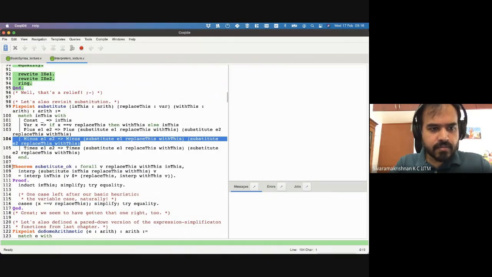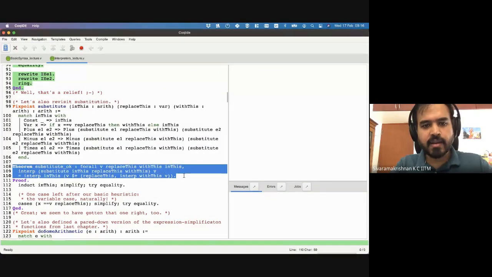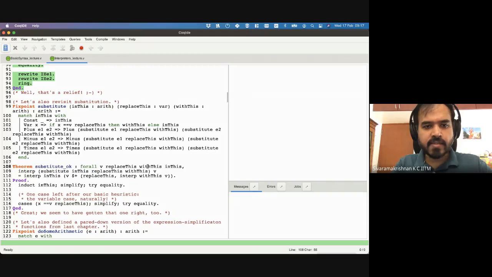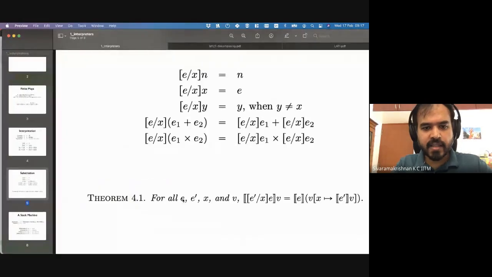So it might be instructive to closely look at how they relate to each other. So we use for all, replace this with this in this, and we have for all v, replace this with this in this, and this is the e expression.